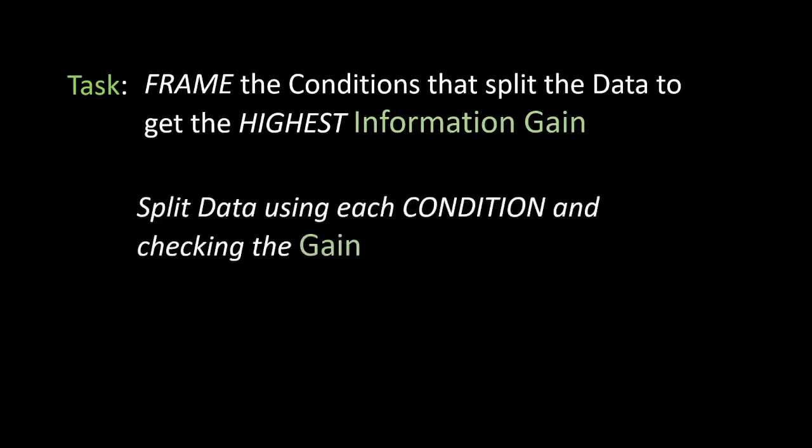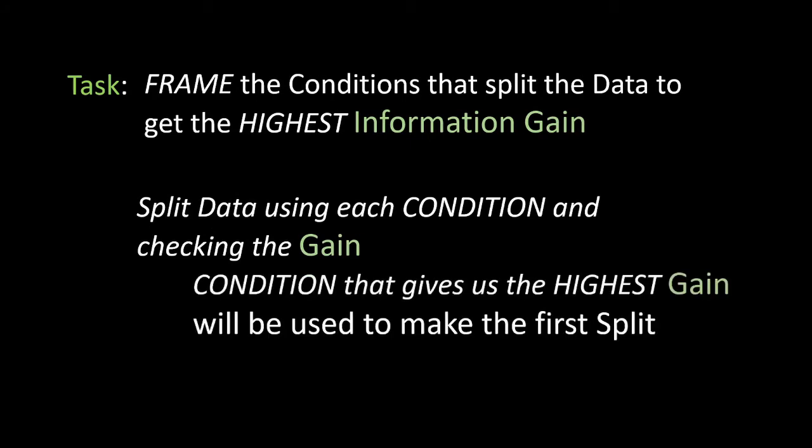So if our task is to frame the conditions that split the data to the highest information gain, then we want to split the data using each condition and then check that gain. The condition that gives us the highest gain will be used to make the first split. So what does that really mean ultimately?